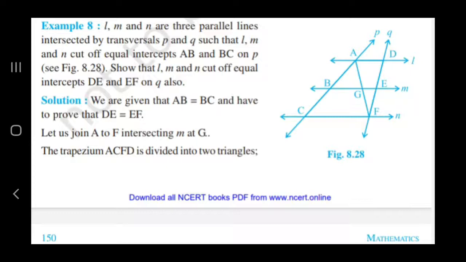Yes, it is given that there are three parallel lines L, M and N. That is L parallel to M parallel to N, L parallel to N also.